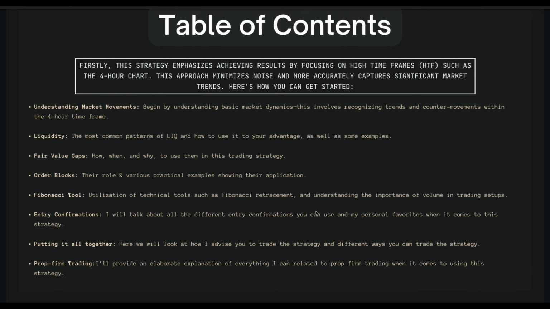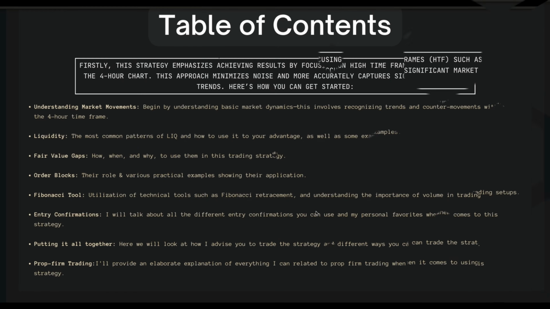The reason I say that is because if you decide to trade this strategy without watching that video and understanding it, it's going to be very hard and difficult for you to find setups, and it's going to mess with your psychology. So please listen to me when I say look at those 2 videos. Now, if you've already done it, you can continue watching this video. All right, so let's move on.